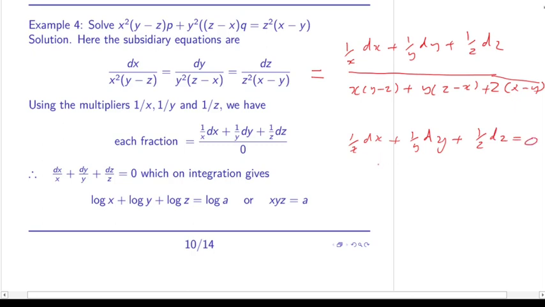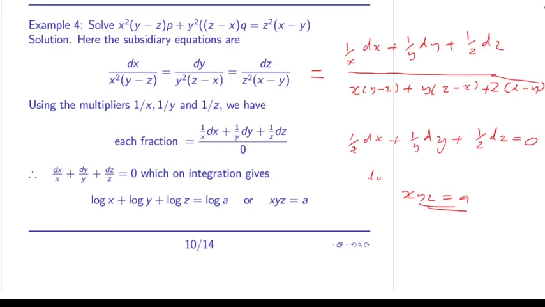On integrating you get log x plus log y plus log z equal to log a. So taking antilog we get xyz is equal to a. Now you look for another multiplier. Clearly it is x square, y square and z square.